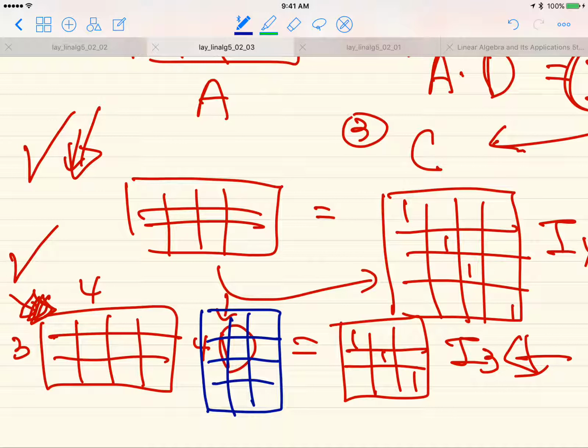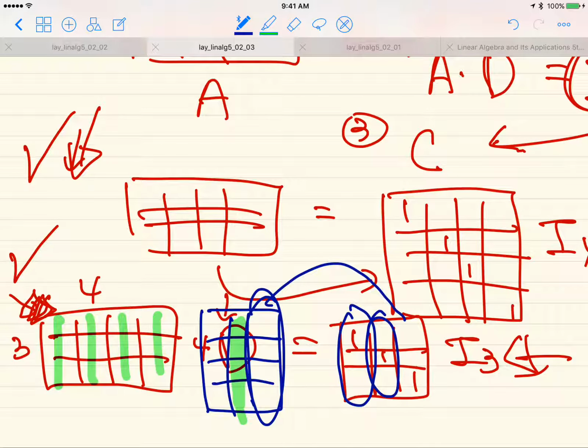Then this first column can be represented as a linear combination of, I'm still talking about almost the same thing that I keep emphasizing, the linear combination of those 4 green columns, that should provide 1, 0, 0. And then using another set of linear combination coefficients, we have to create 0, 1, 0, then another set will create 0, 0, 1. So in that case, it would be possible sometimes, right?